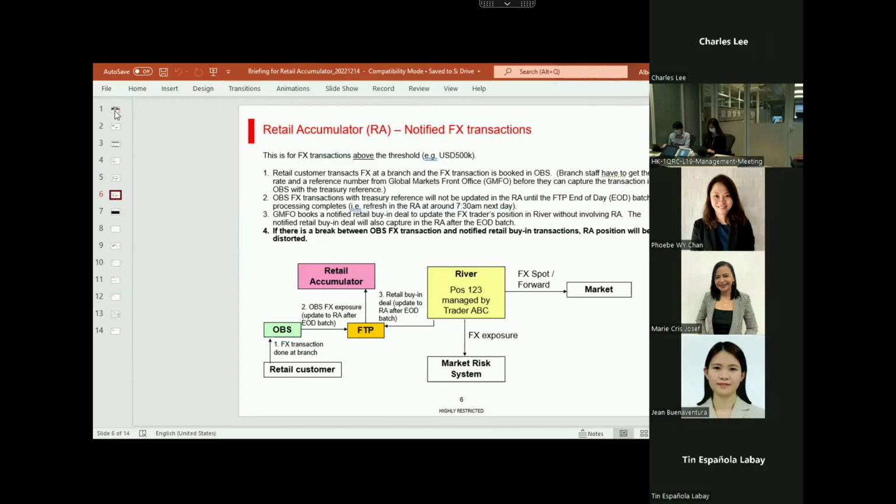For notified deals, the risk is reflected immediately in RA, whereas for non-notified deals, the risk is not reflected immediately. It is reflected on T+1 along with the FTP batch. The main reason is that for a non-notified deal, it is expected that the risk is hedged already, so it doesn't have to be reflected on a real-time basis.